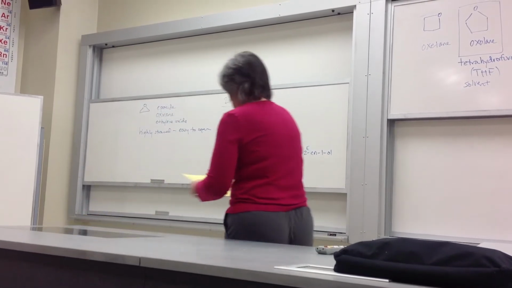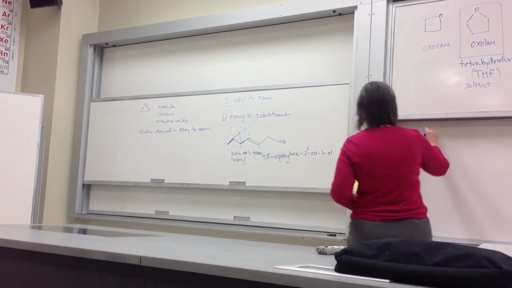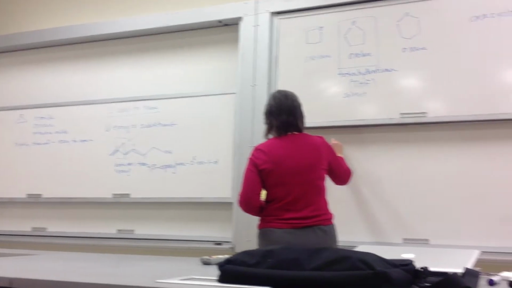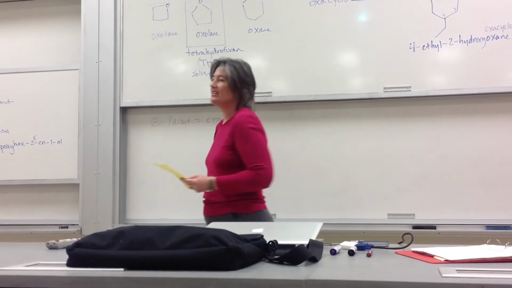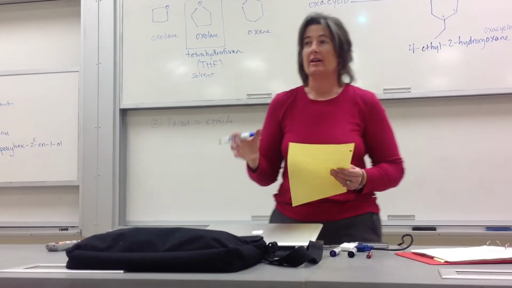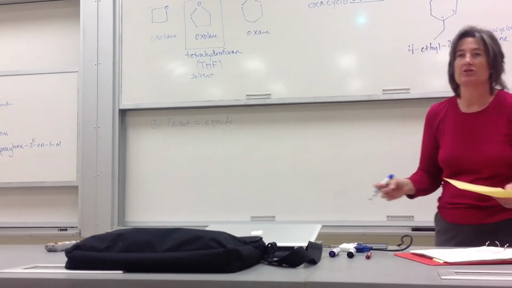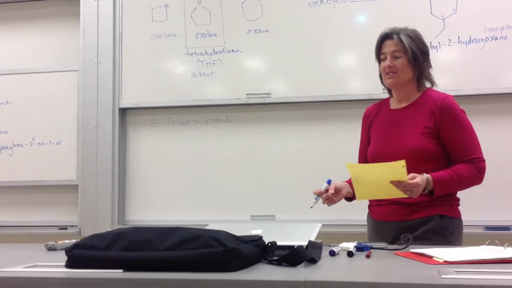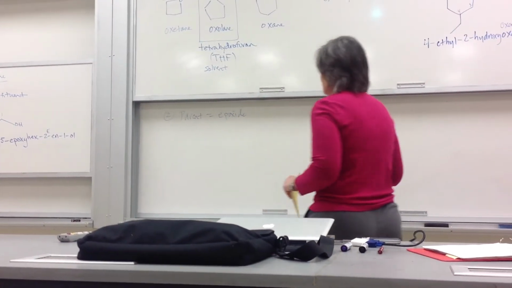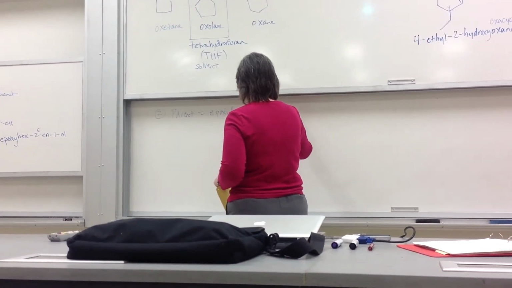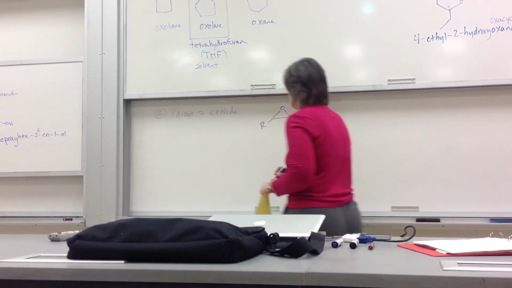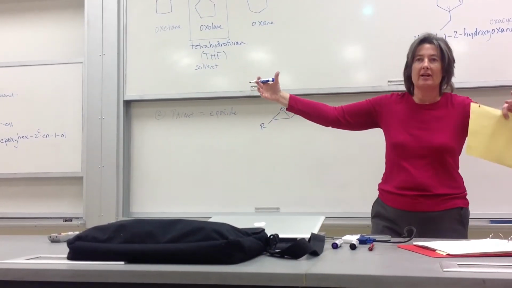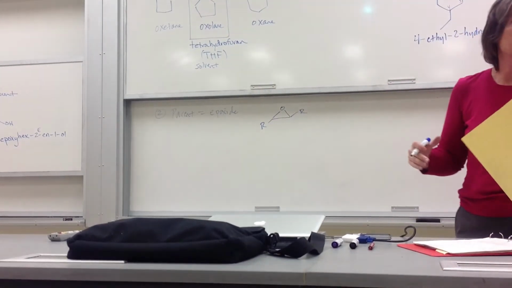The second way is where the epoxide is taken as the parent and the things coming off of it are substituents. This is really useful when there are alkyl groups coming off of it, so where you have something like this. And that out there somewhere is not a higher priority group.